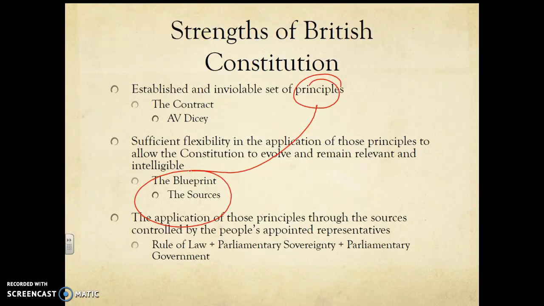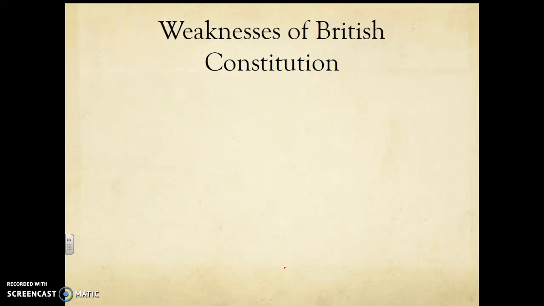And it's Parliament that gets to decide how the principles are put into effect through the various sources that we have. This is so incredibly important. I can't overstress how important it is that Parliament sits at the very heart of our Constitution. Parliament, the thing that we vote for, that is in the centre of our Constitution, makes the whole thing, in theory at least, legitimate.